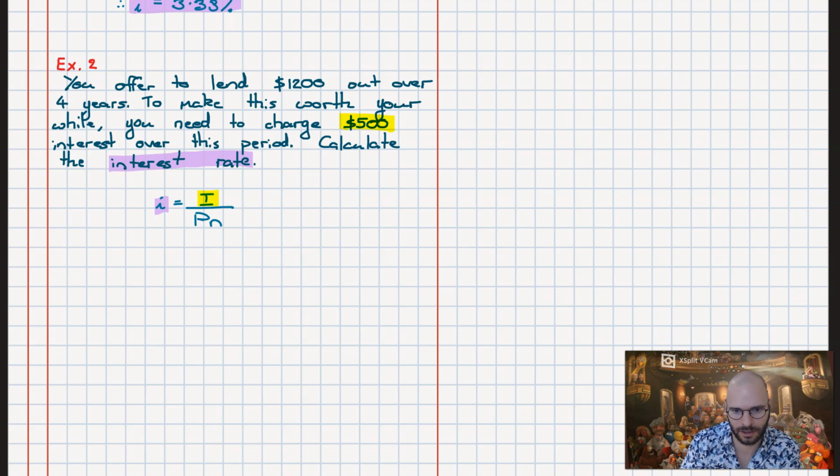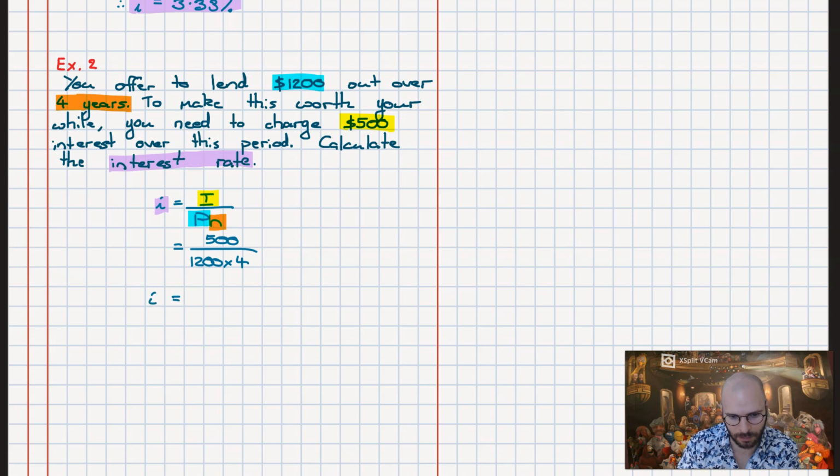It's going to be from a principal amount of $1,200, carried out over a 4-year period. So N equals 4. Plugging in the values here, we have 500 divided by 1,200 times 4.